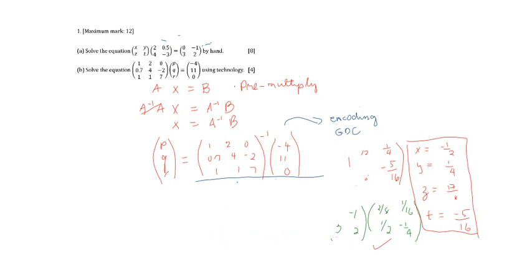So, okay, using your calculator, you will be getting this answer. PQR equals negative 16.9, 6.46, 1.49.